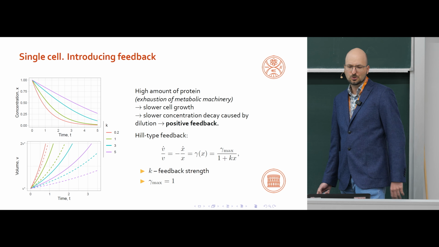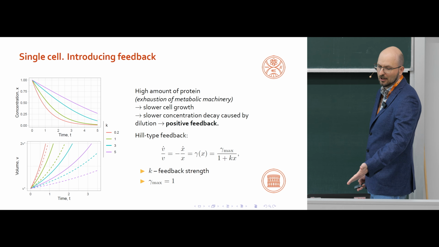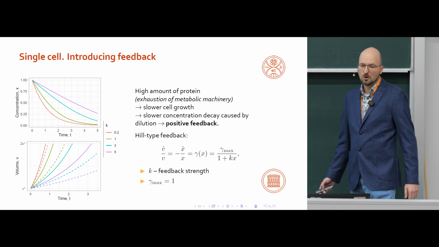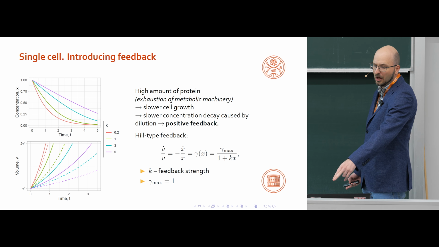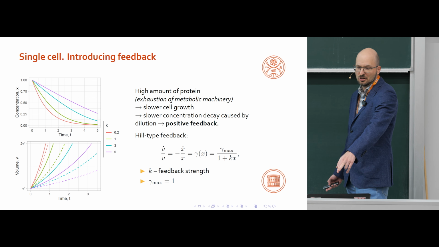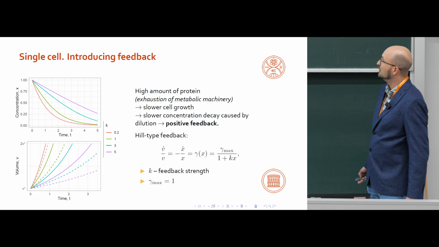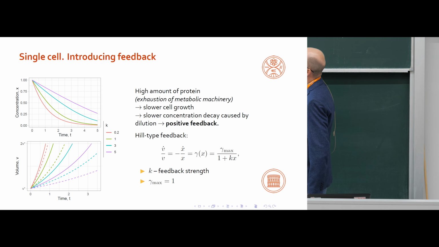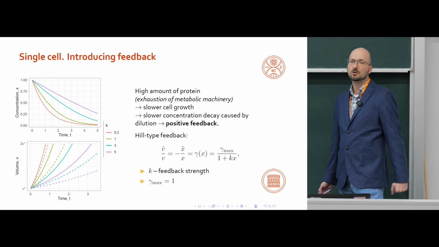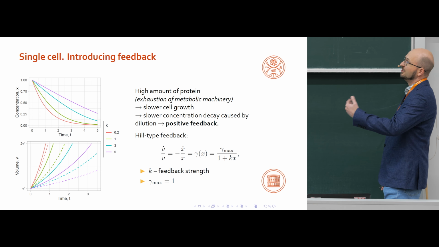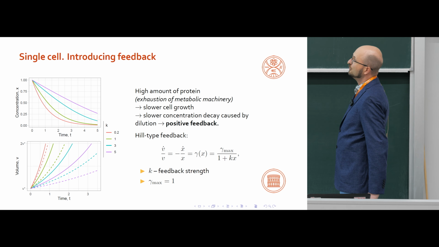Essentially here we have two differential equations which say that the relative, logarithmic change in volume and the logarithmic change in concentration are the same. And we model it by this kind of decreasing function. Gamma max is the maximal growth rate, and then it decreases as you have more protein concentration, because you have more cost to the growth.